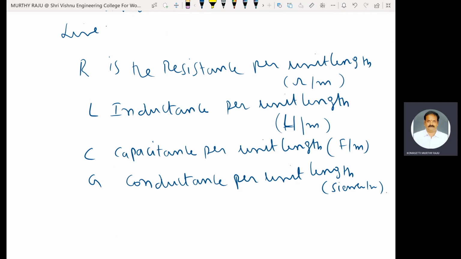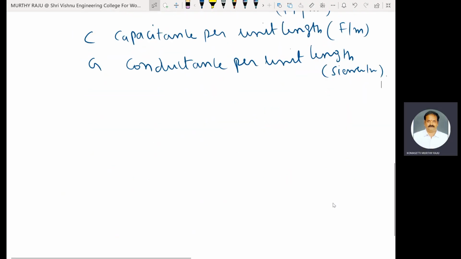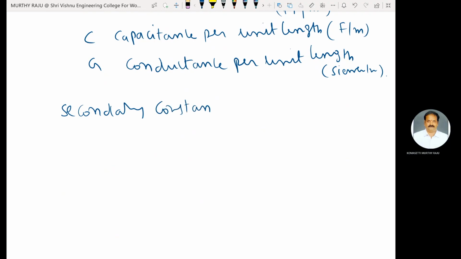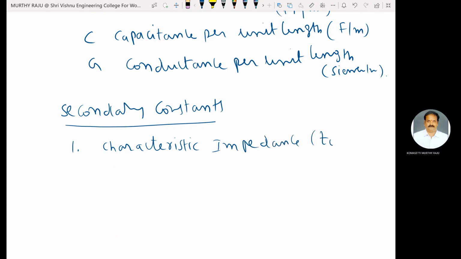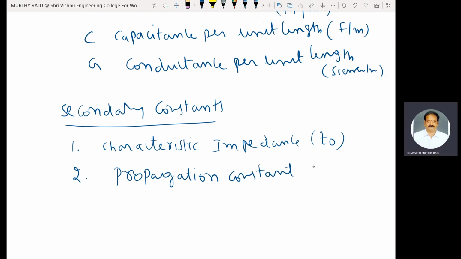Next, secondary constants. The secondary constants of the transmission line are the characteristic impedance Z0 and the propagation constant gamma.